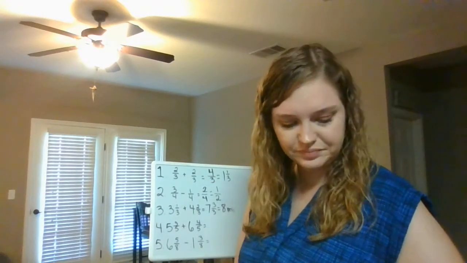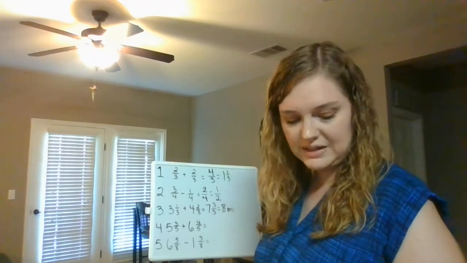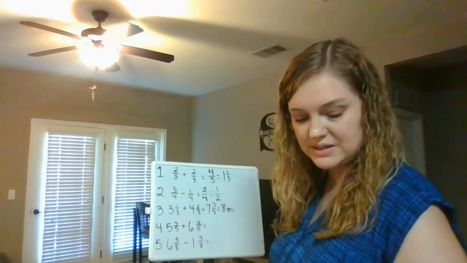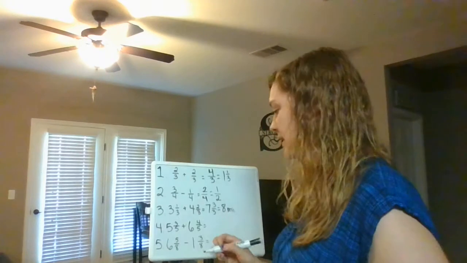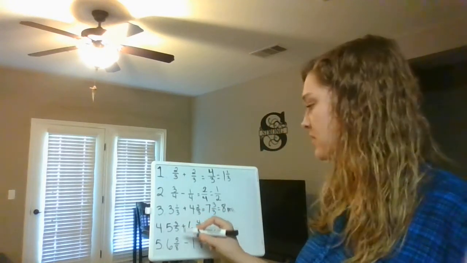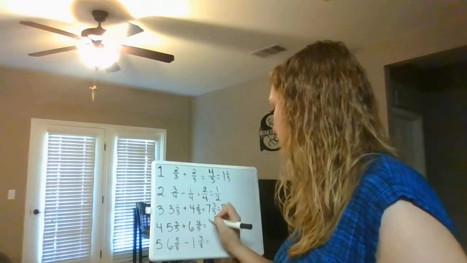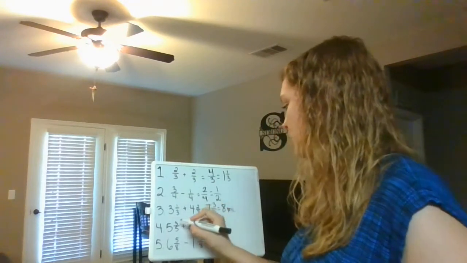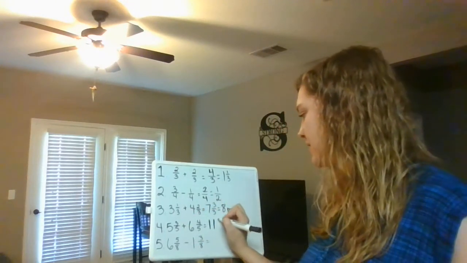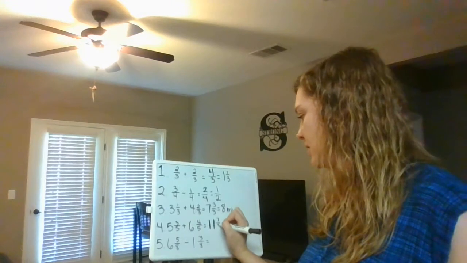Example 4. We need to add 5 3/5 plus 6 4/5. All right. So again, we add our whole numbers first. 5 plus 6 is 11. 3 plus 4 is 7. And then we keep our 5 there.